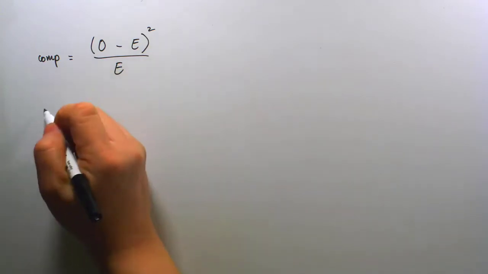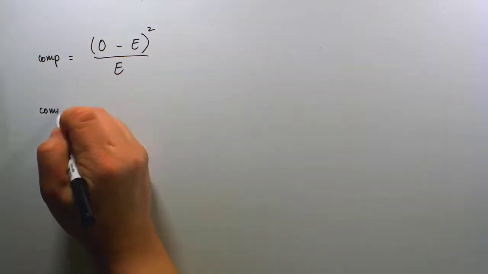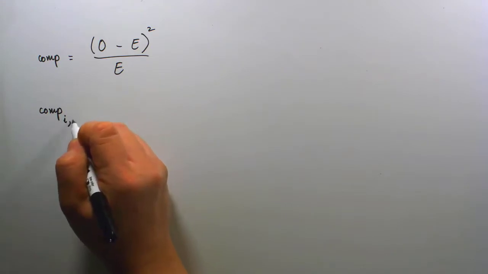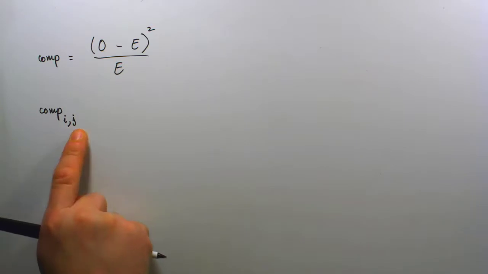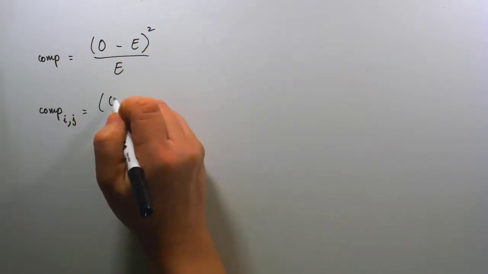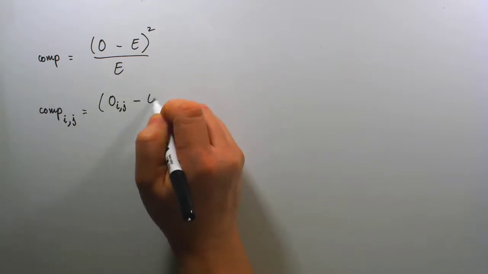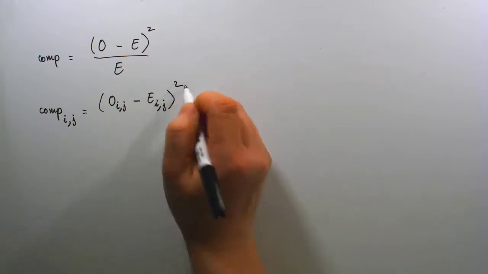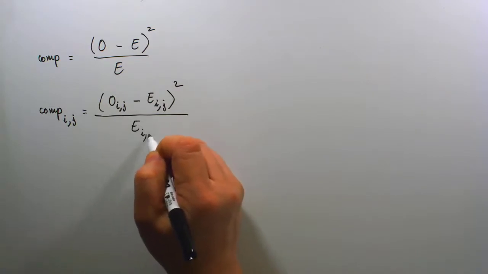So specifically in our case, since we have a two-way table, any component's value at any ith row and jth column will equal the observed count in the ith row and jth column minus the expected count in the same entry, square the difference, and divide by the expected count in the current entry.